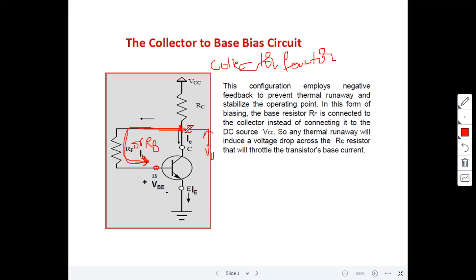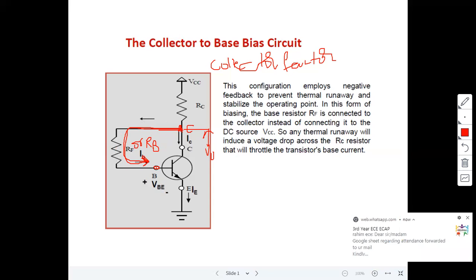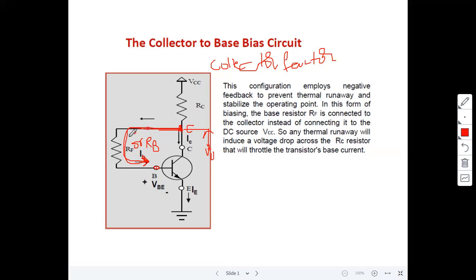Here the collector is the output node, so some portion of the output is again connected to the input through resistor RB. That is feedback. So that's why RF.